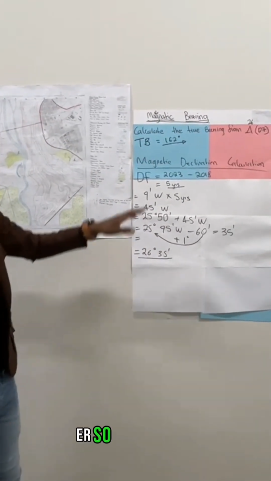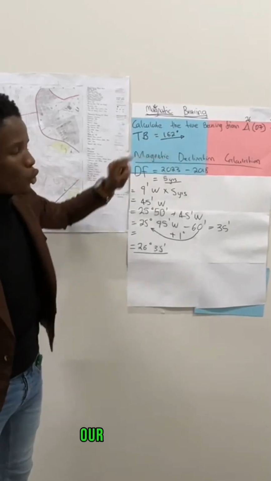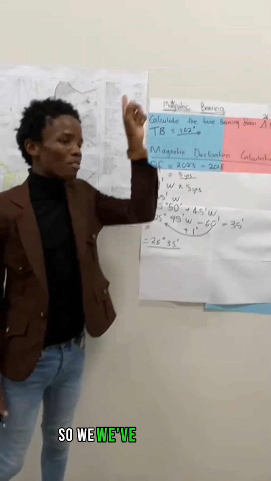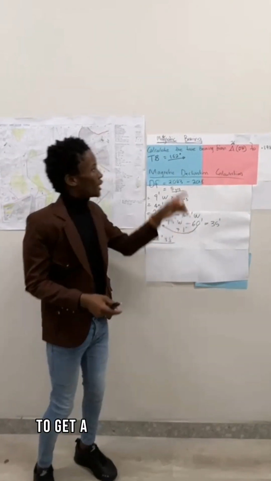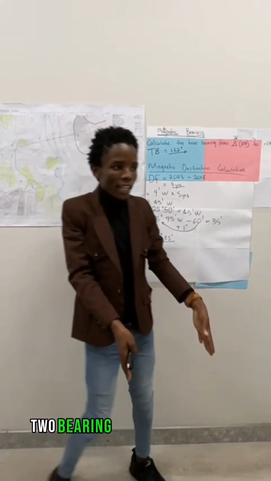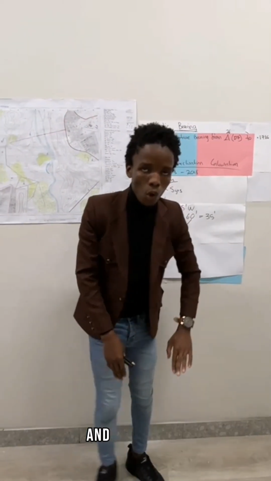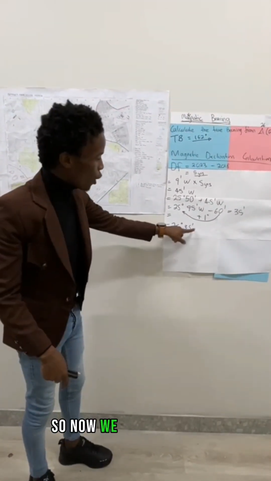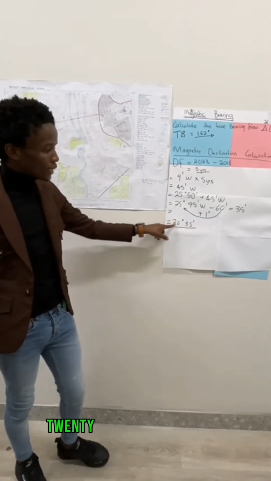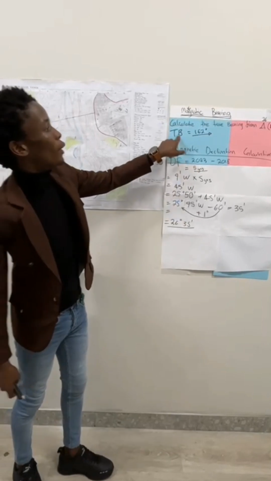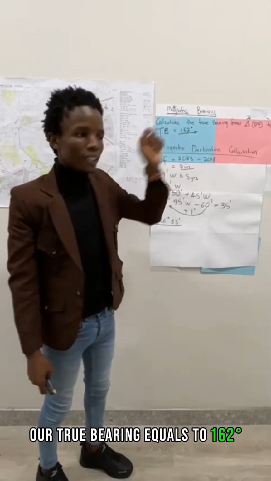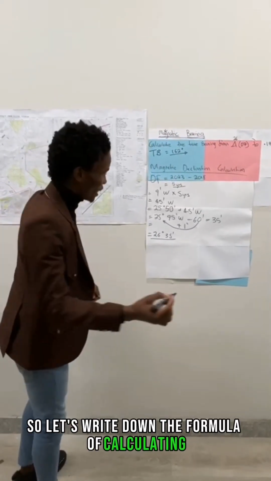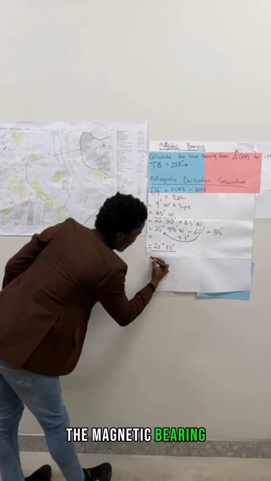We've said before, to get a magnetic bearing, you need to know the true bearing as an independent calculation, and the magnetic declination as an independent calculation. So now we know that our magnetic declination equals 26 degrees, 35 minutes, and our true bearing equals 162 degrees.